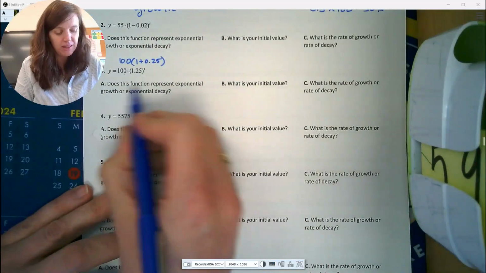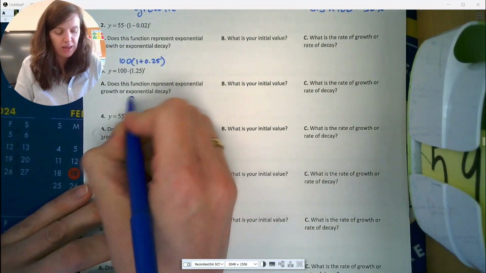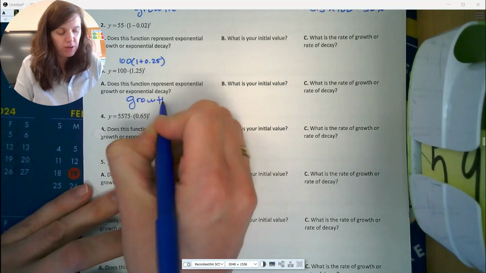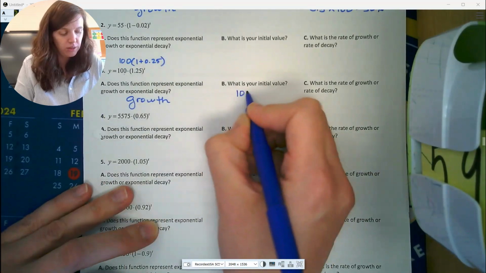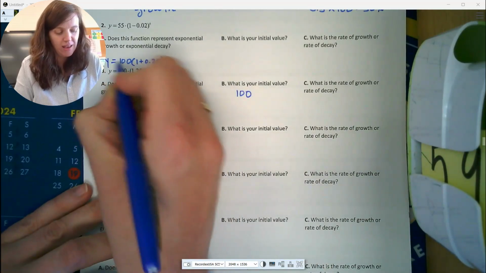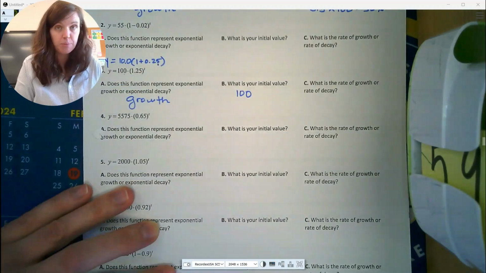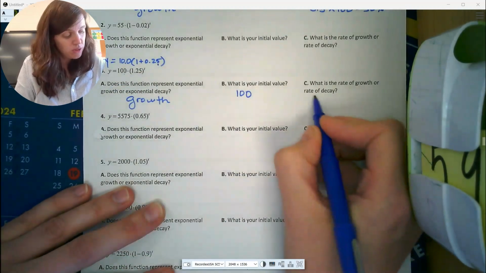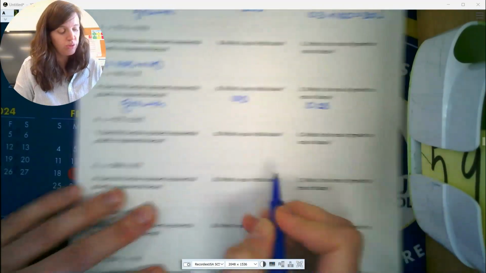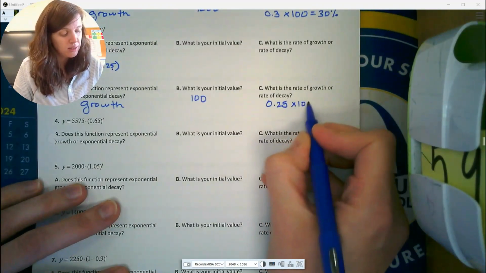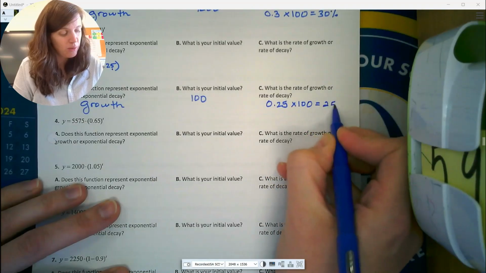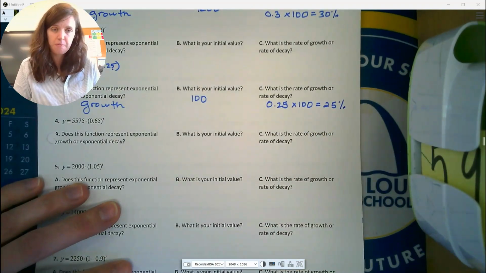It's again asking, is it a growth or decay? It must be a growth. What's your initial value? 100. That's the starting value. That's your A value. And this is your rate, that 0.25. So 0.25 is your growth rate, but what does that represent? Again, we multiply it by 100, which means that represents 25%.